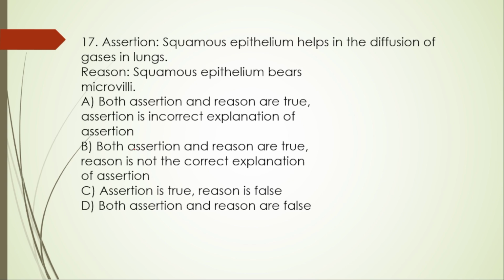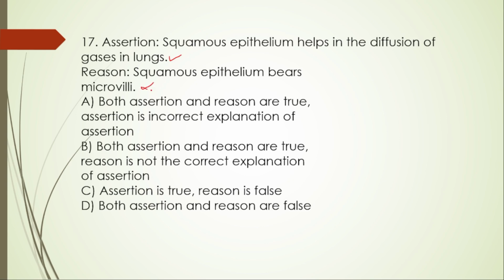17th one, assertion and reason type of question. Here the assertion is: squamous epithelium helps in the diffusion of gases in lungs. Yes, of course, this one is true. And then the reason: squamous epithelium bears microvilli.